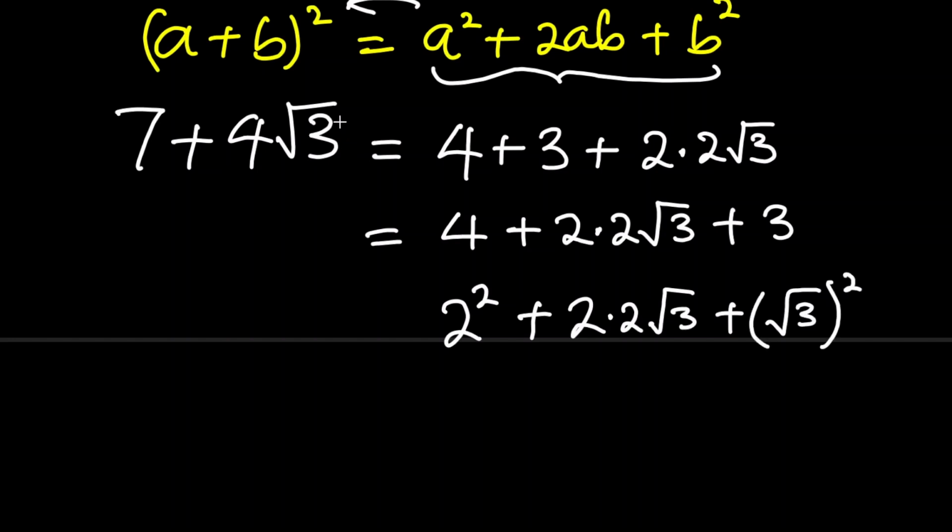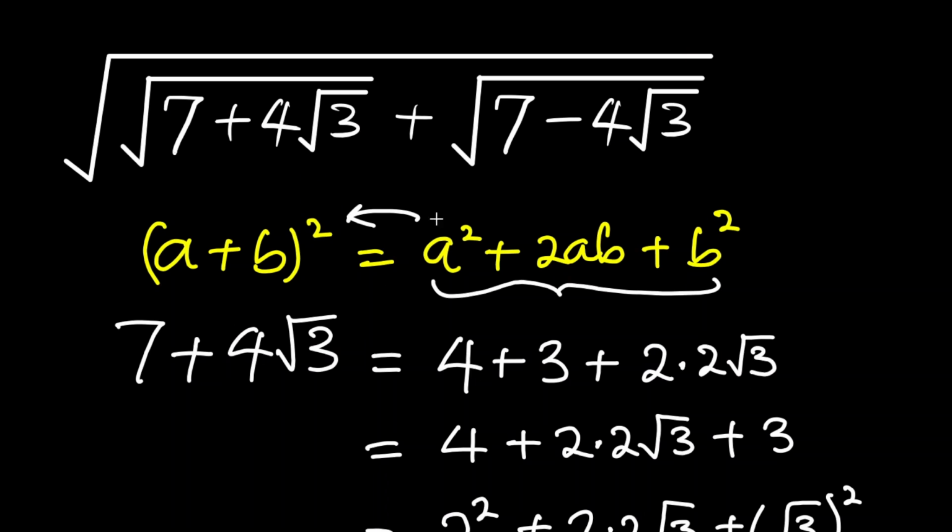If you compare this, we can now say that this is 2 plus root 3 all square. So the square of this gives you this. I'm going to be replacing that in this equation here, and I'm going to do the same for this one. The good thing here is that the numbers are conjugates of each other, which means that this is just a plus and a minus here.